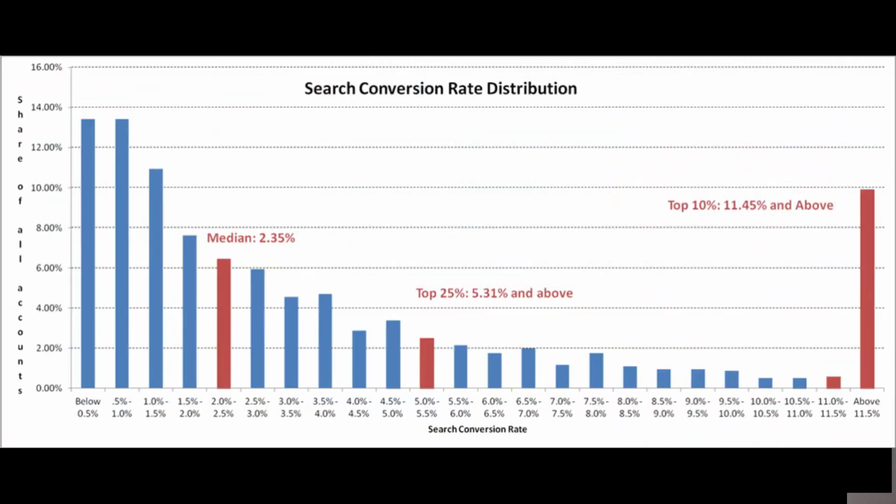But then you need to suppose that your results are most likely to be mediocre. Let's look at the graph from WordStream, link in the description by the way, for search conversion rate, and how you can see below average, average and top performance in the search conversion rate distribution. As you can see, the difference between the median and the top 25% is twice as many leads or conversions as the median conversion rate.